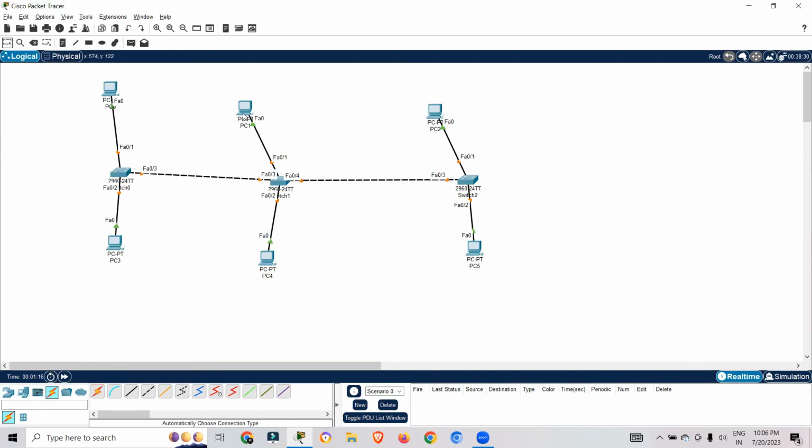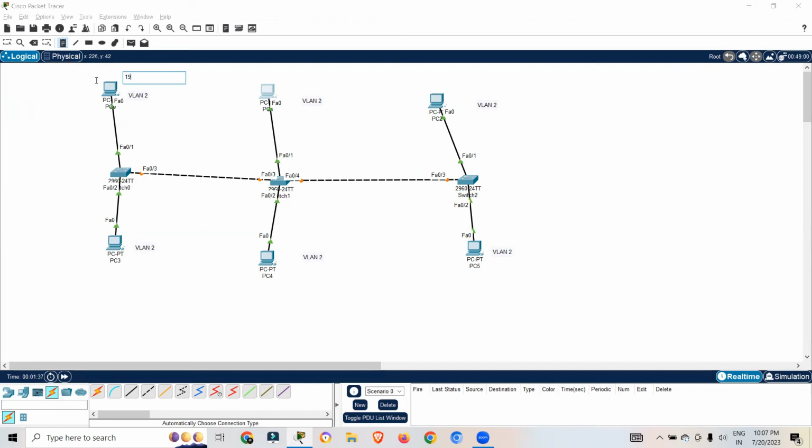What we did, we configured the VLAN for the PCs above, VLAN 2 for this PC, and VLAN 2 for this, and this, and this one also.